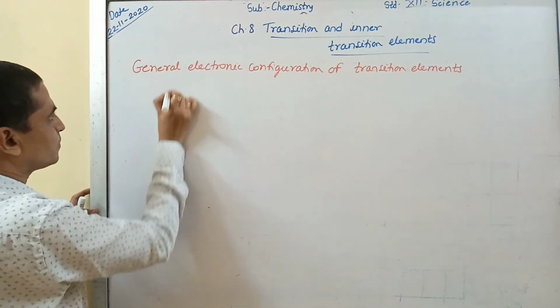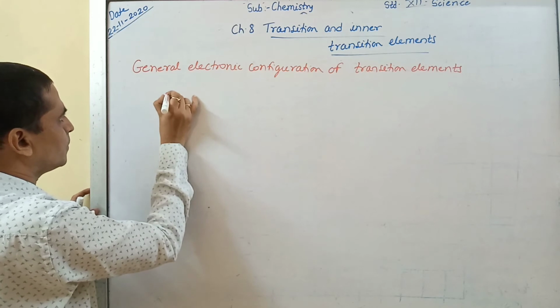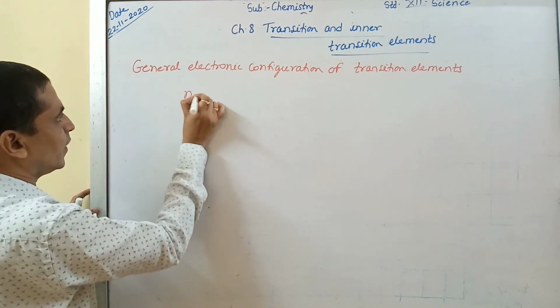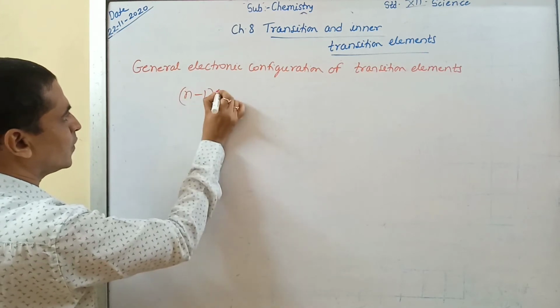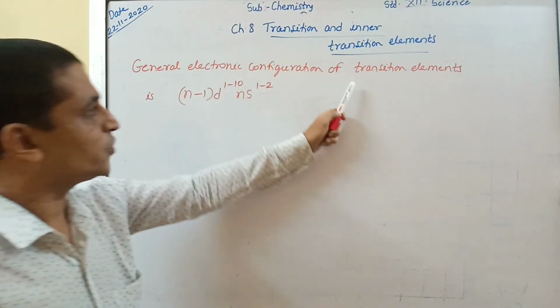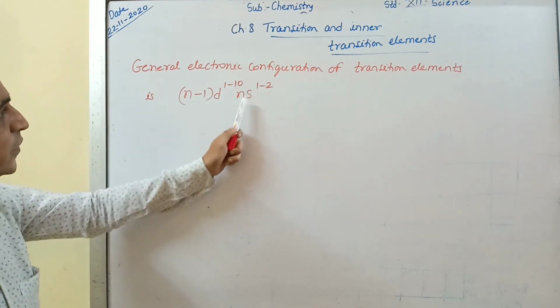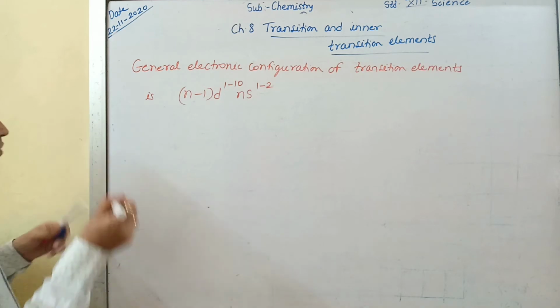That is, the general electronic configuration of transition elements is written as what? (n-1)d 1 to 10, ns 1 to 2. Let us start with the 3d series.